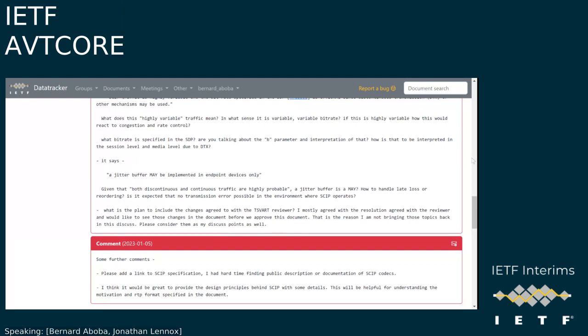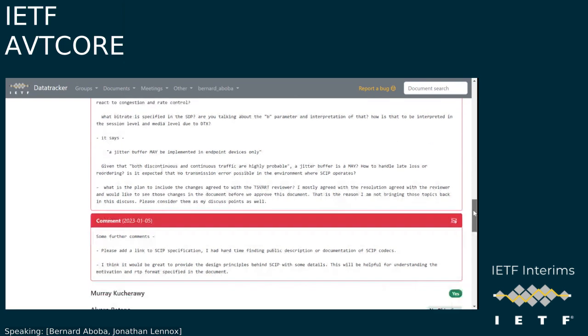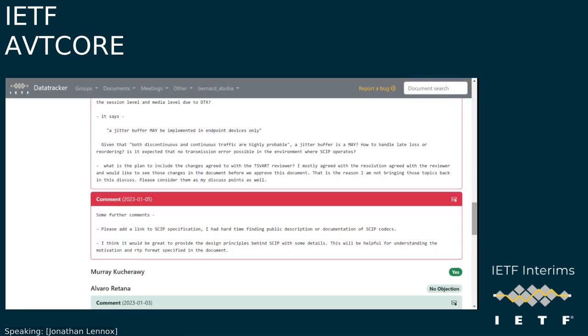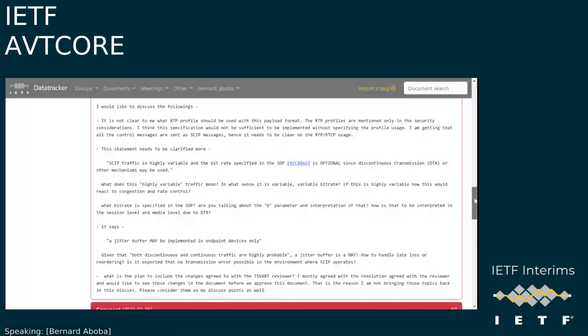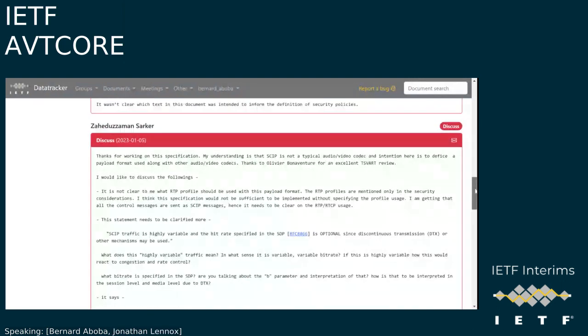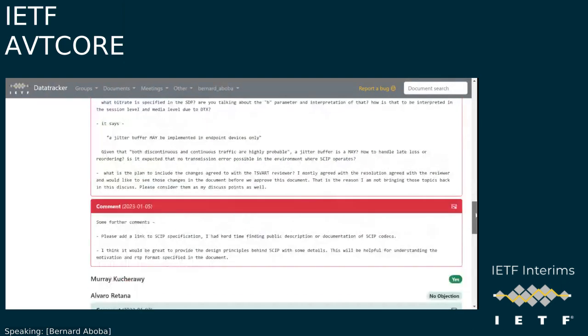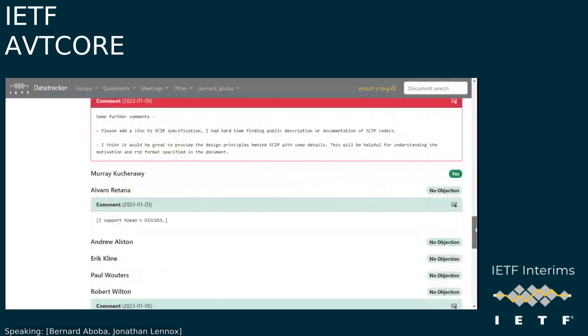So I think that's probably just an editorial thing, and it may just say only an endpoint device can usefully implement a jitter buffer. Good point. More or less what you want to say. Okay. So I think between those, Sarkar's comments can be resolved that way.